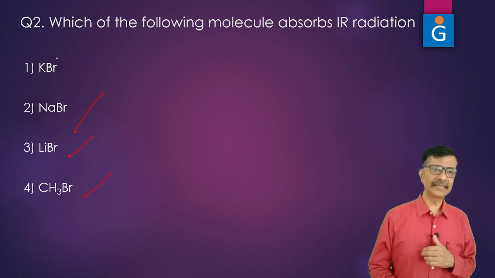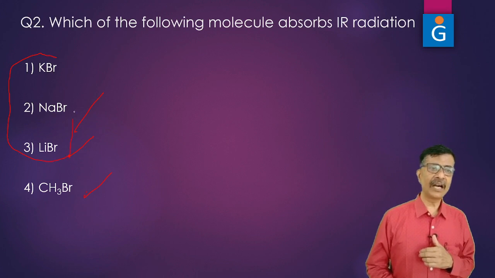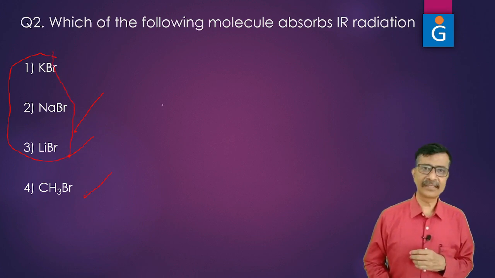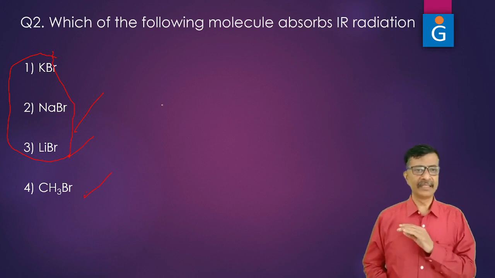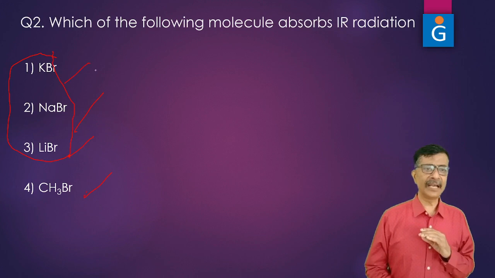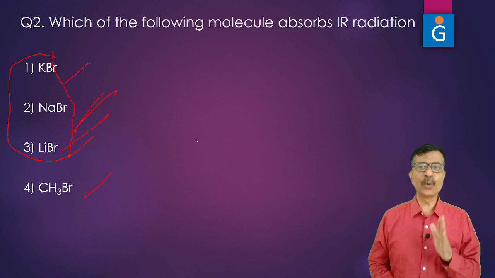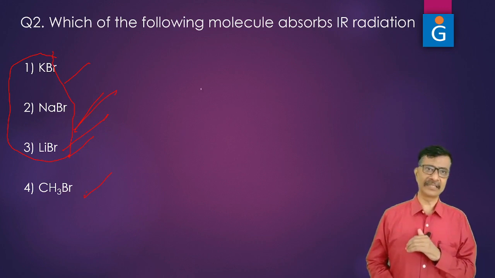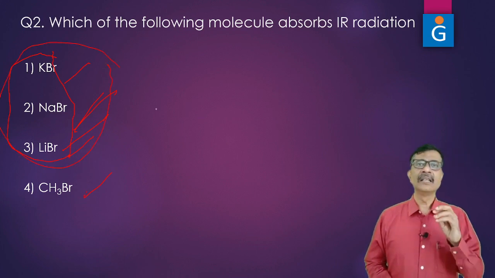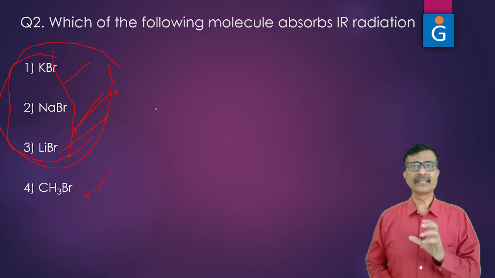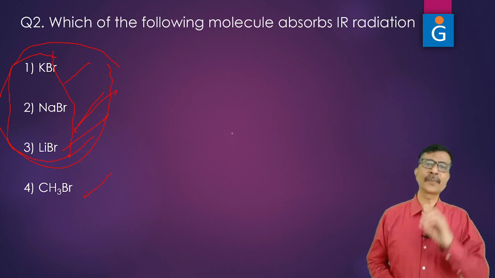Now see, these three are inorganic salts. There is no permanent change in dipole moment with respect to KBr, NaBr or lithium bromide, so they don't absorb IR radiation. These particular salts are used to construct the optical components of the IR instrument because they are transparent to IR.